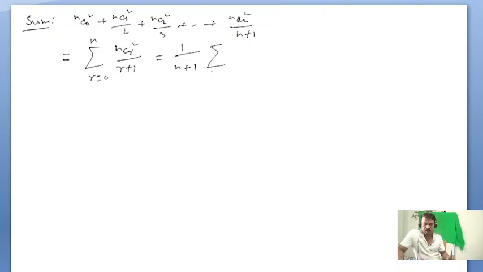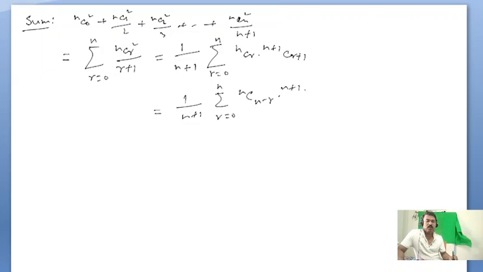Here sigma r equals 0 to n, that is ncr n plus 1 c r plus 1, that is we get 1 by n plus 1 sigma r equals 0 to n, n c n minus r also n plus 1 c r plus 1.